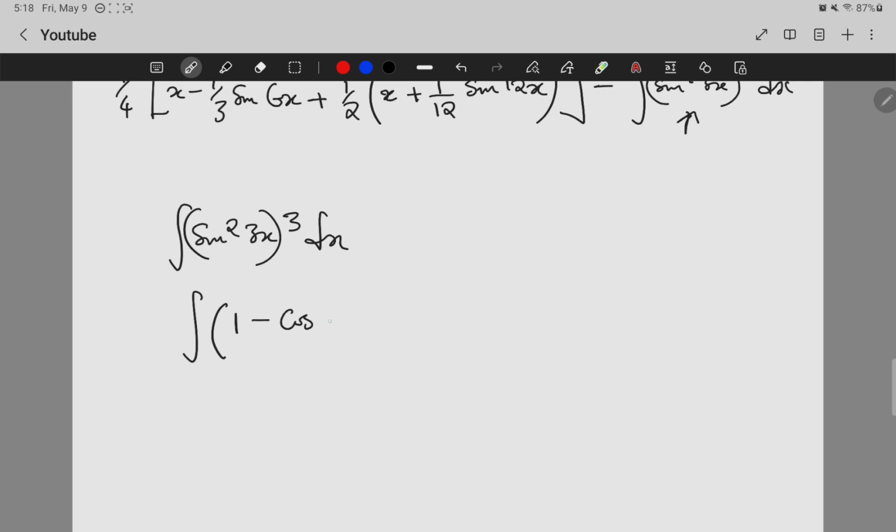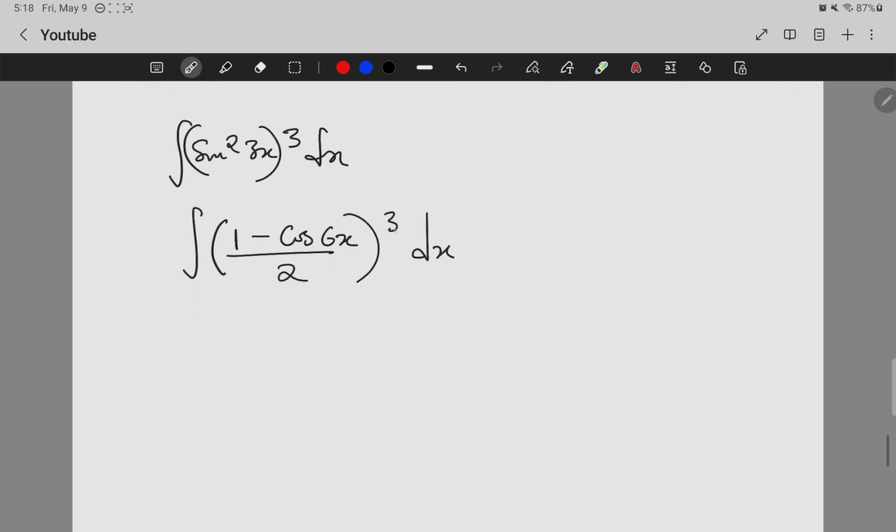This will end up being 2 by that, which will be 6x over 2, but now raised to the power 3 dx. Then of course the 2 to the power 3 will be 1 over 8, and then the integral of (1 minus cos 6x) to the power 3 dx.